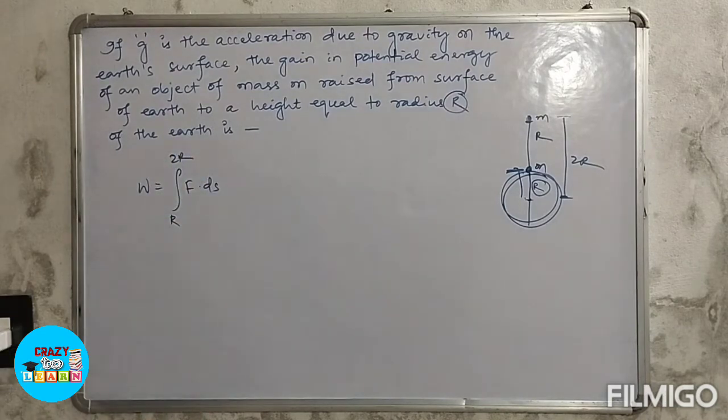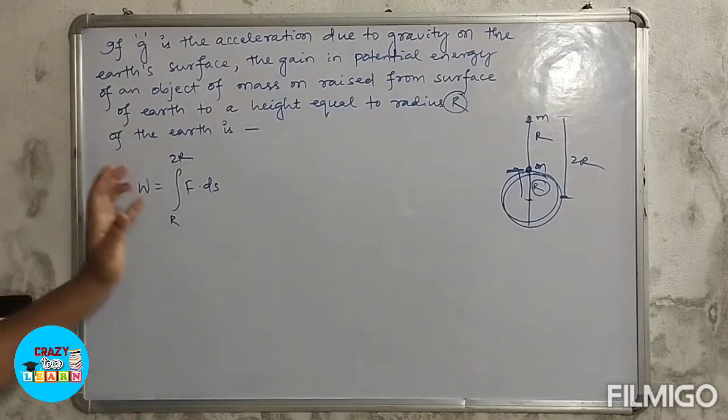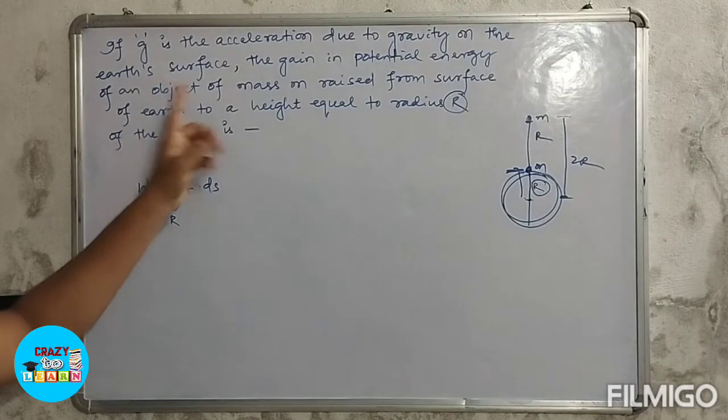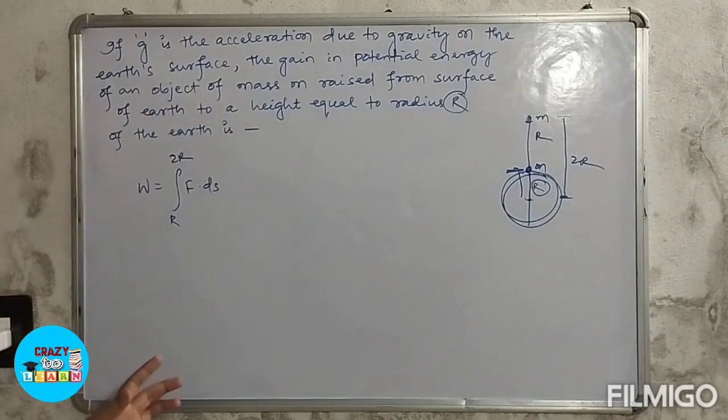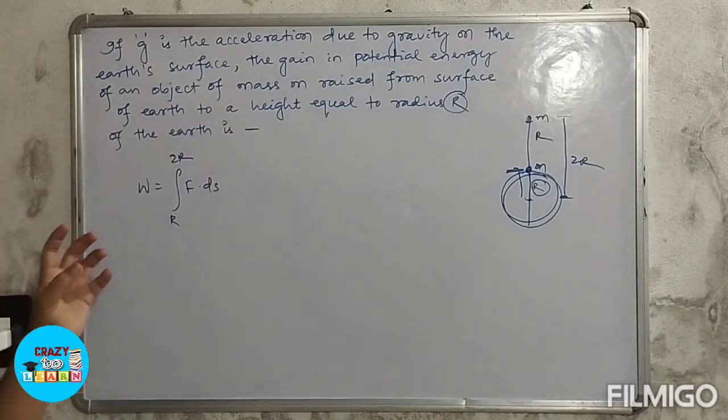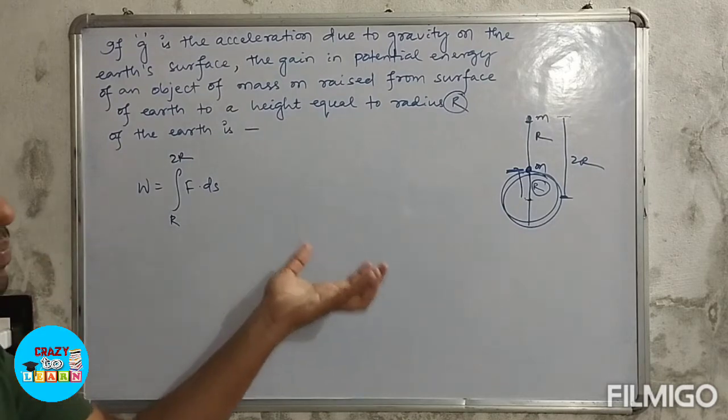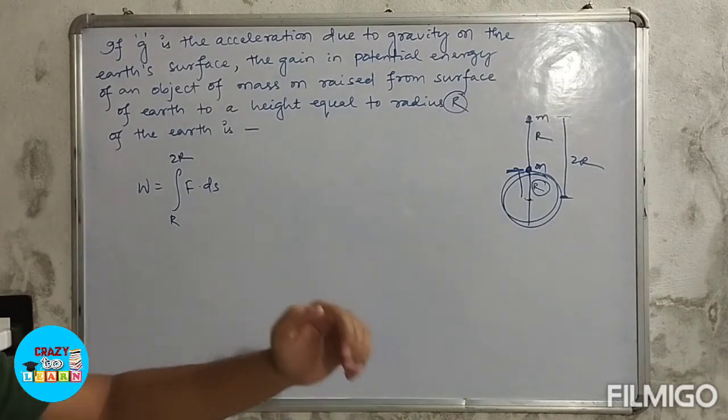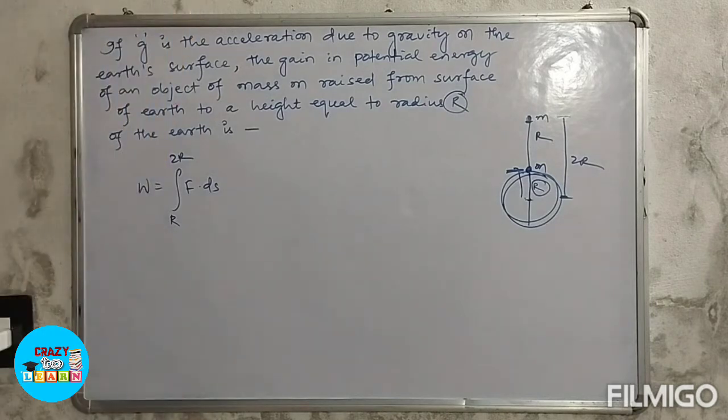Clear? Now here we are calculating the gain in potential energy of the object. The gain in potential energy is equal to the work done, because the object is raised from one position to a certain height. So work done. Clear?